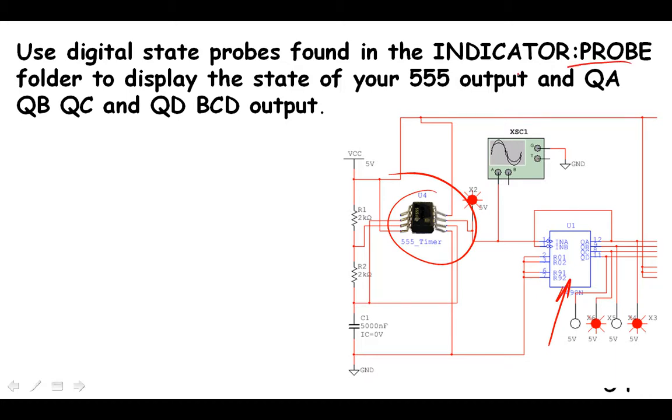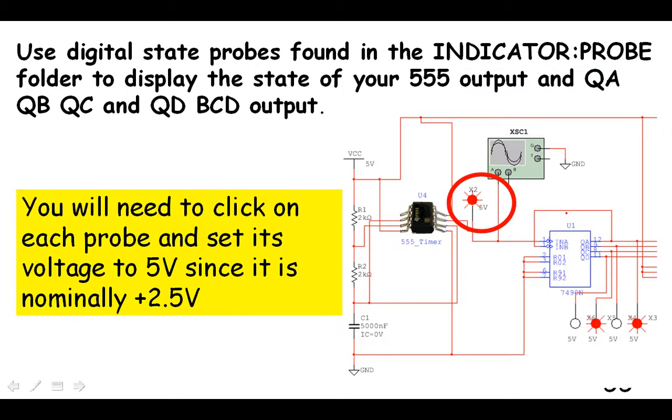You can find the 555 simulation in the menus, and you find a probe in the indicator probe folder so that you are able to monitor the state of your clock input, as well as the state of all the 4 binary coded decimal digital display lines.